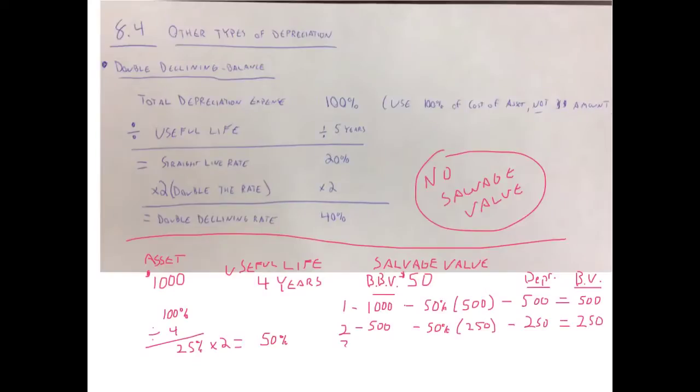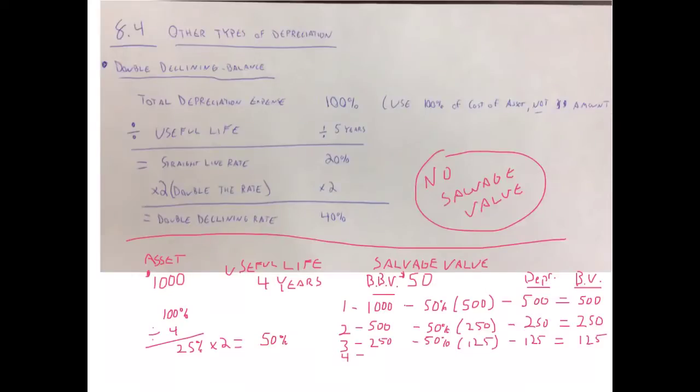In year 3, $250. We're going to depreciate 50%. In this case, that's going to be $125. Our book value is down to $125.